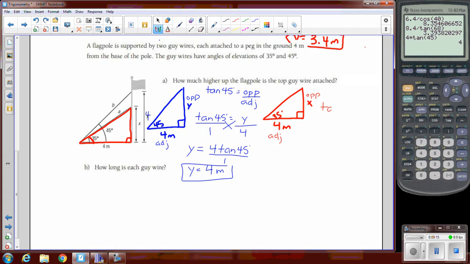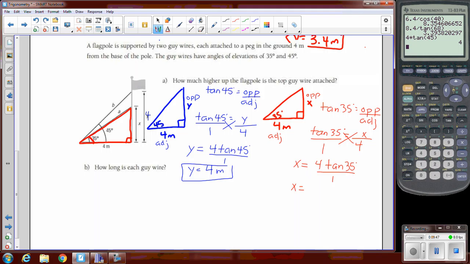So now we'll say the tan of 35 degrees this time is opposite over adjacent. The tan of 35 degrees, the opposite was x, the adjacent is 4. Place the tan of 35 over 1 to make it a fraction, and we cross multiply. So my x would equal 4 multiplied by the tan of 35 degrees divided by 1.